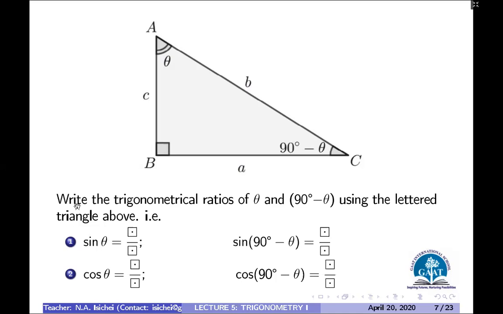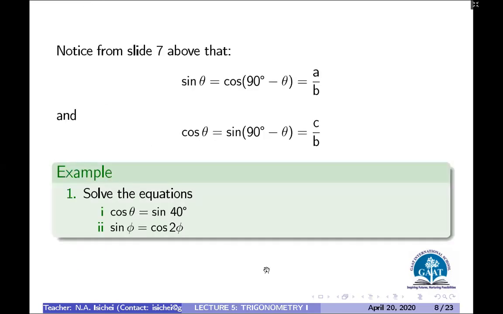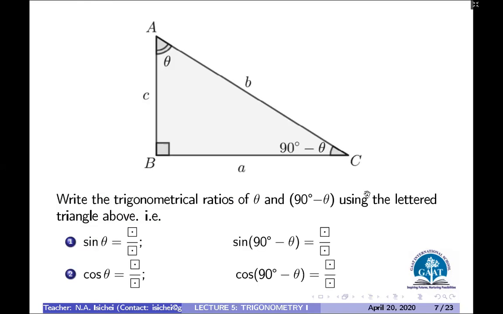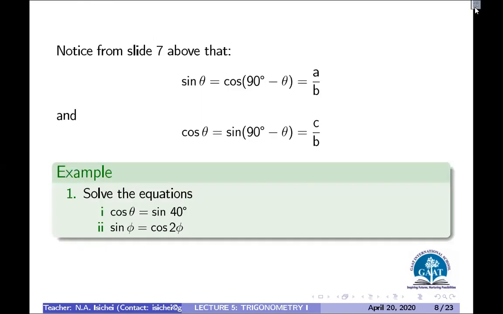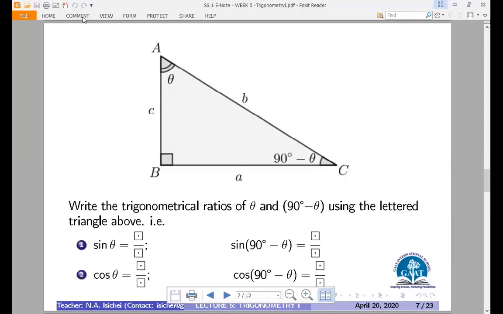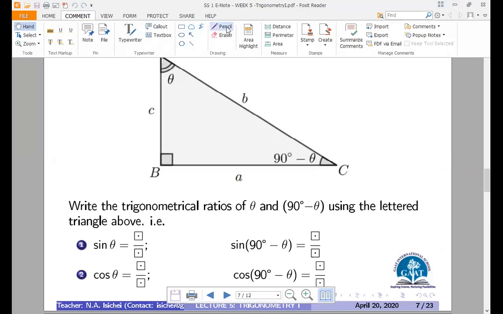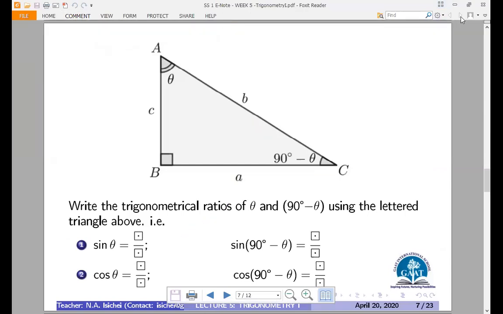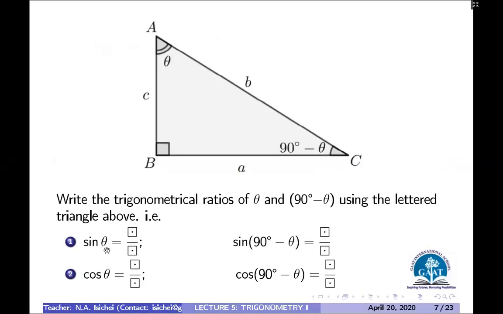All right, now let's look at this. Write the trigonometrical ratios of theta and 90 degrees minus theta using the letters above the triangle. So let's write it out.